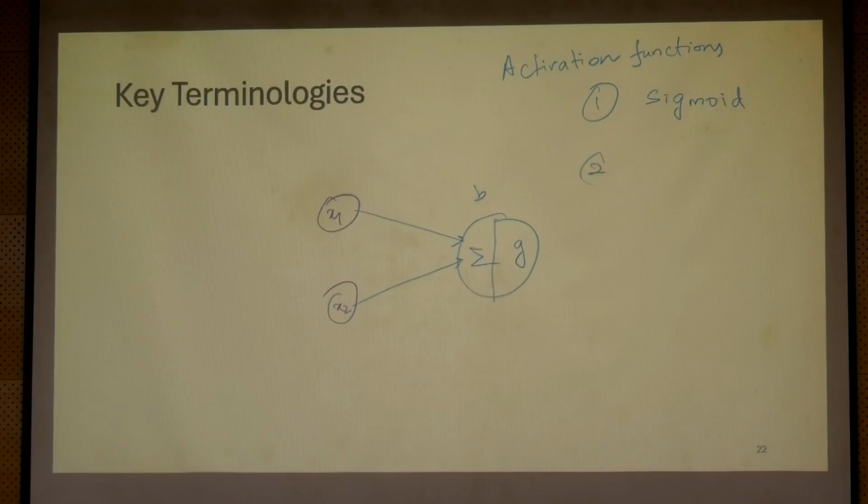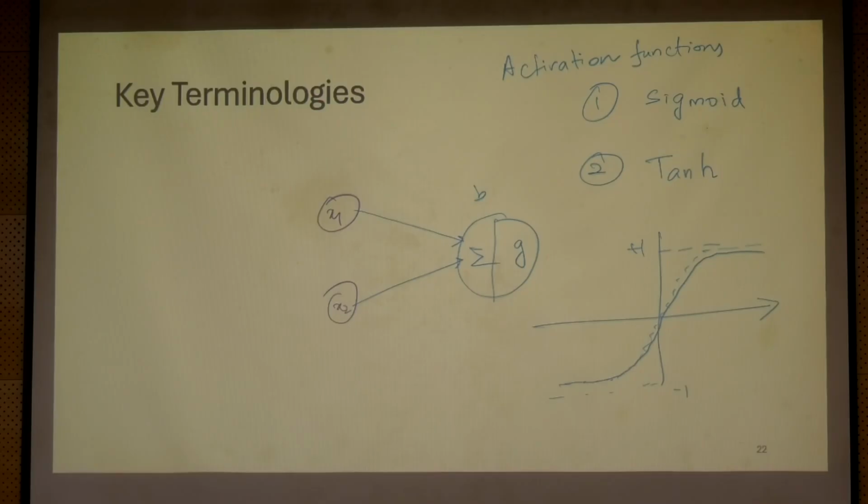Another type of function is the tanh, or hyperbolic tangent function. If I plot it, it will be going from +1 to -1. So it will have exactly the shape of a sigmoid curve, but it will be centered about 0. A sigmoid is level shifted above 0.